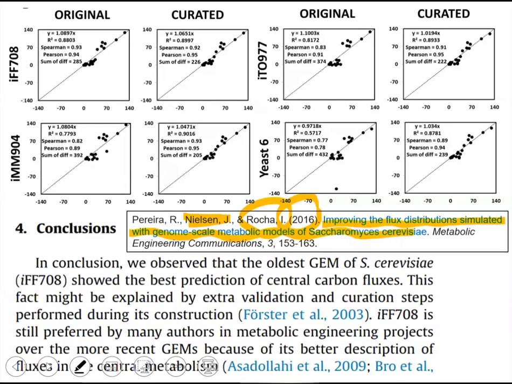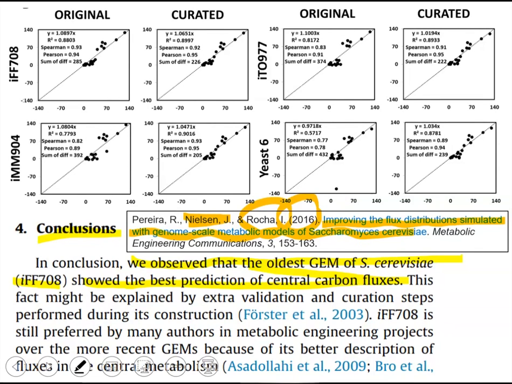Please look at the first sentence in this paragraph that I have copied here. In their conclusion section, they say that we observed that the oldest genome-scale metabolic model of Saccharomyces cerevisiae, iFF708, showed the best prediction of central carbon fluxes.